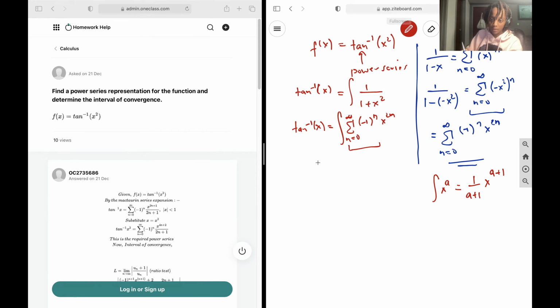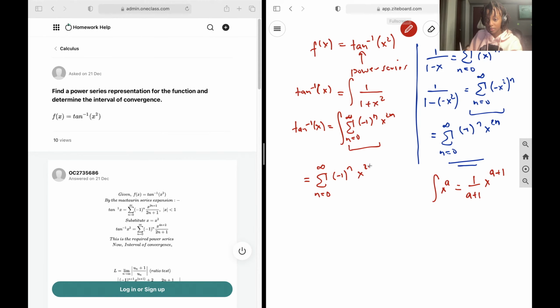So this means that this is going to be equal to the sum from n is equal to 0 to infinity. -1 to the power of n remains unchanged. A is going to be 2n. So a plus 1 is 2n plus 1.